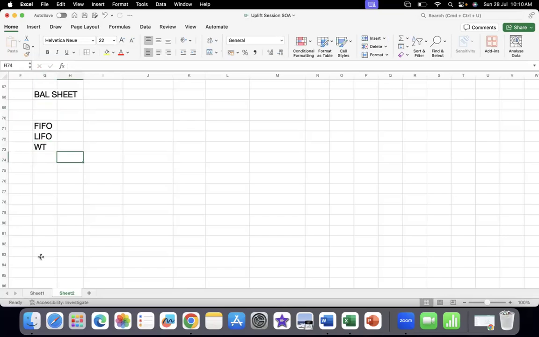Based on whatever method you are using, arrive at a dollar value of your inventory. That is something which you have calculated as per your books. Call it the cost. But because US GAAP is coming in, it has its own applicability. We'll not just blindly take this value. We'll compare this value with NRV, that is the net realizable value, and whichever is lower of these two, we'll take that as our final value.